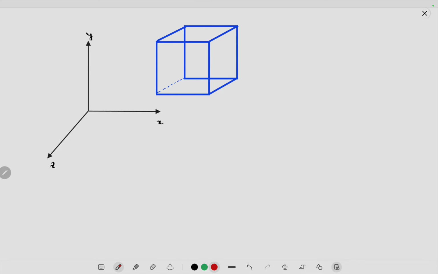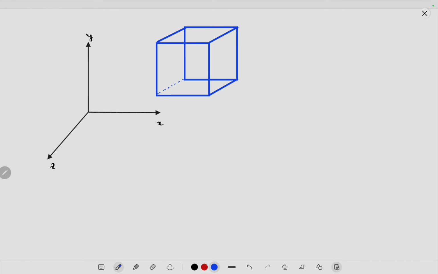Since this concept of tensors is new, let's try to denote the stress tensor for all the surfaces of this cube. Before that, let me first write the convention that we are going to follow.